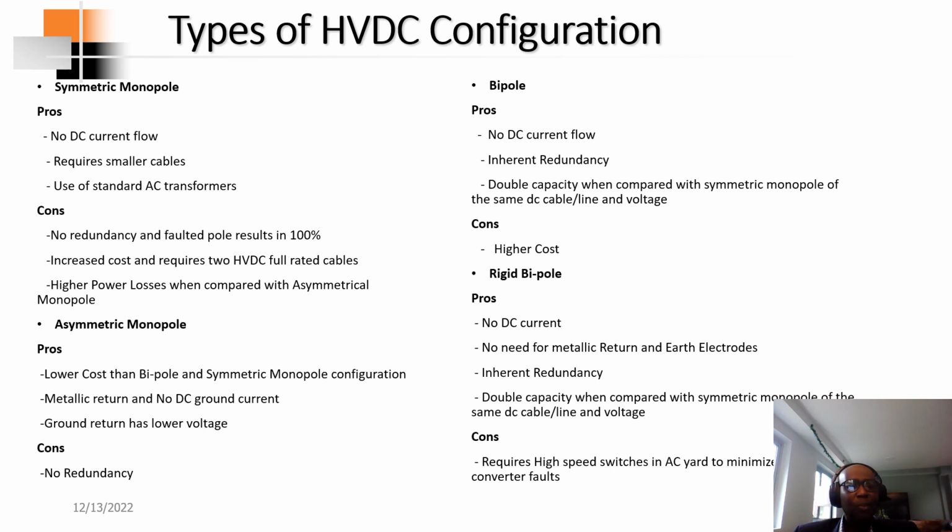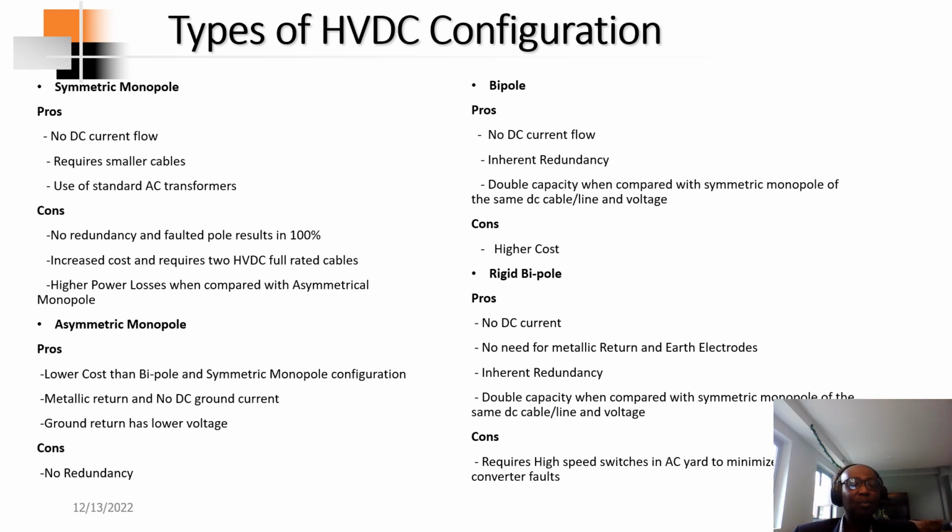For symmetric monopole, there's no DC ground current flow, right? Because you have the positive and the negative pole. There's no return for unbalanced current.